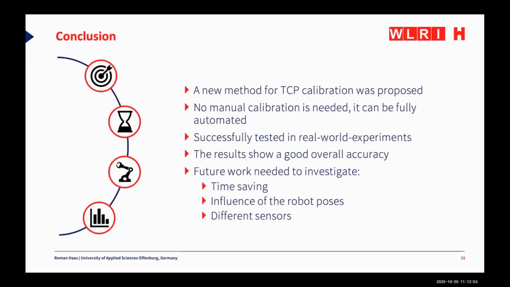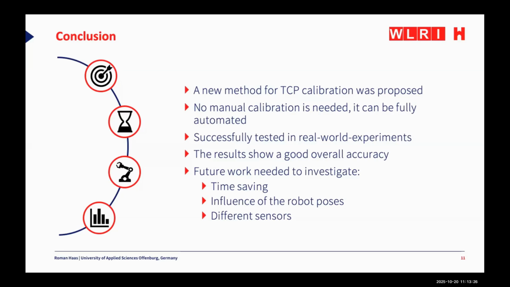So I proposed a new method for TCP calibration. We got the translation vector, we got the rotation matrix. So the transformation matrix is completed by now. Because we use a 3D sensor for the pose estimation of the tool, we don't need any manual calibration from now on. We successfully tested it in real-world experiments, as I showed you, and the results show a good accuracy, but it has to be improved.